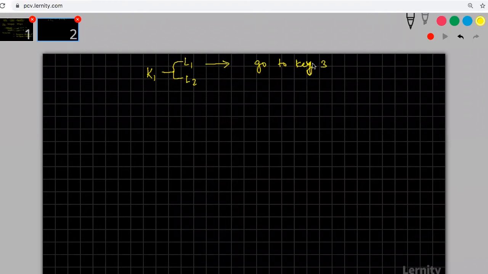If you are agreeing to this other statement, go to key 2. Then this key 2 will have two statements, furthering the idea in this key.